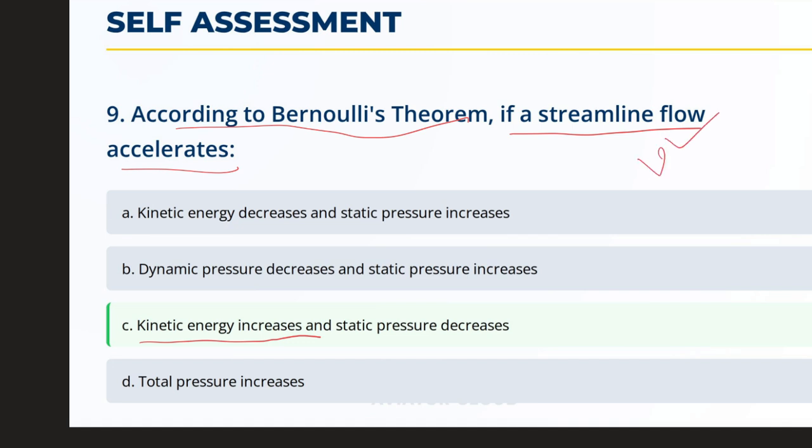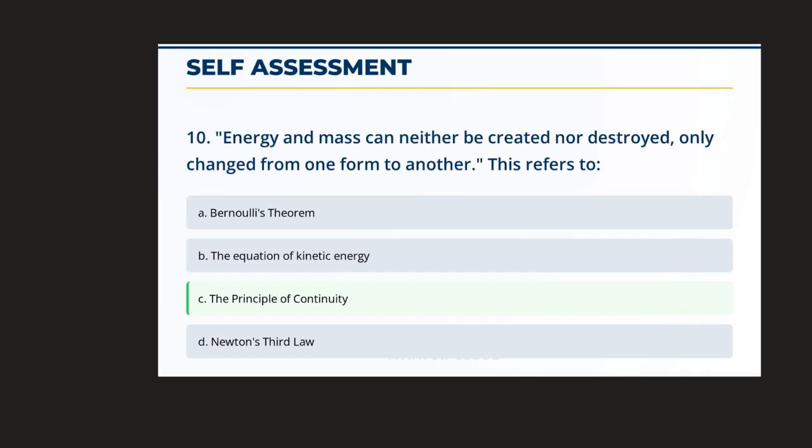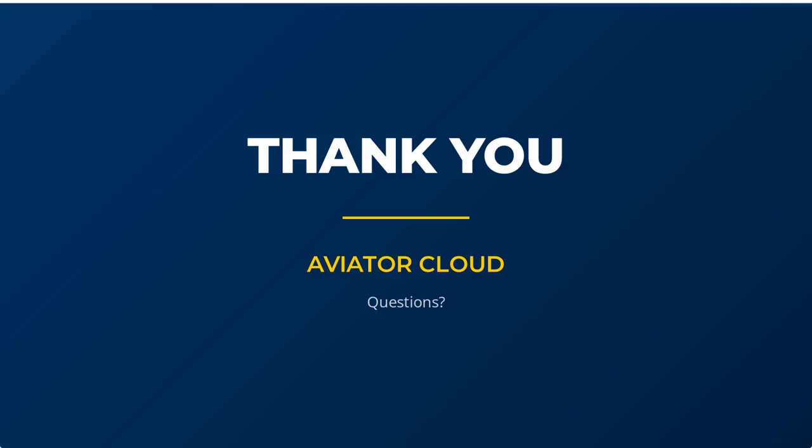Acceleration means velocity is also increasing, so half rho v square is increasing, so dynamic pressure is increasing, that means kinetic energy is increasing, so static pressure has to reduce. Energy and mass can neither be created nor destroyed, only changed from one form to another. This refers to the principle of continuity. You need to remember this.